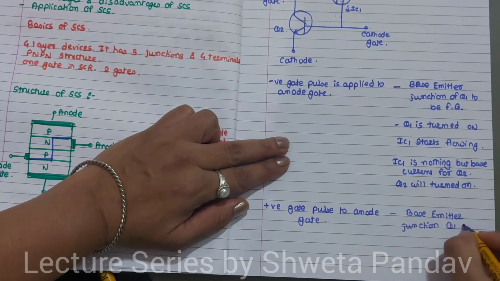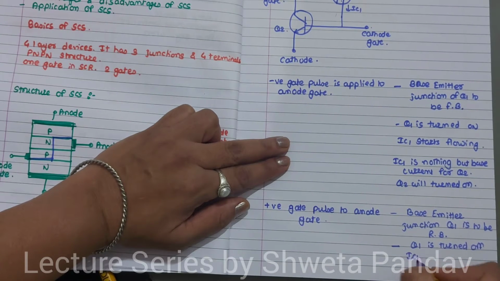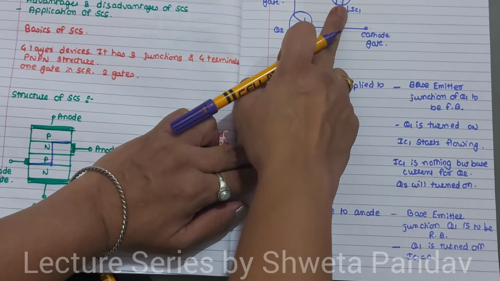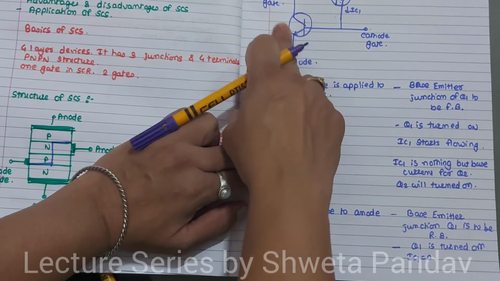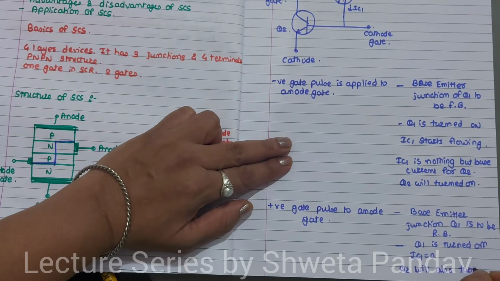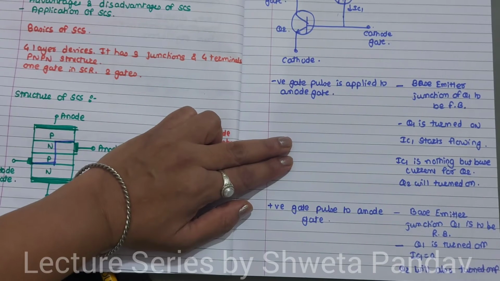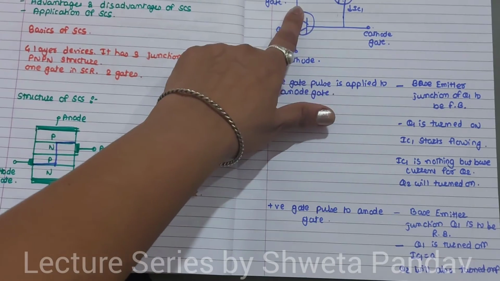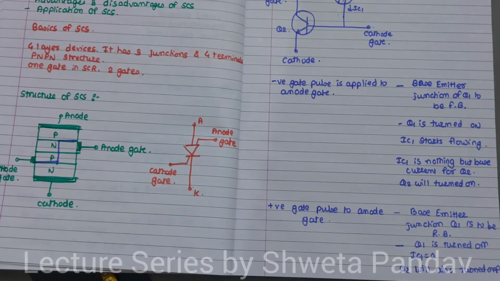As this junction is reverse biased, Q1 is turned off. If Q1 is turned off, the IC1 current is 0. As IC1 current is 0, it will cause the Q2 transistor to be turned off. So with the help of a negative gate pulse the SCS will be turned on, and with the help of a positive gate pulse the SCS will be turned off.